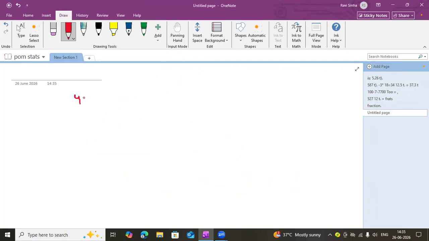Next is 428 4 by 7%. This can be broken up as 400 plus 28 4 by 7%.